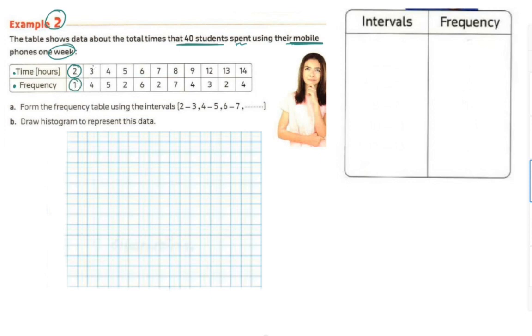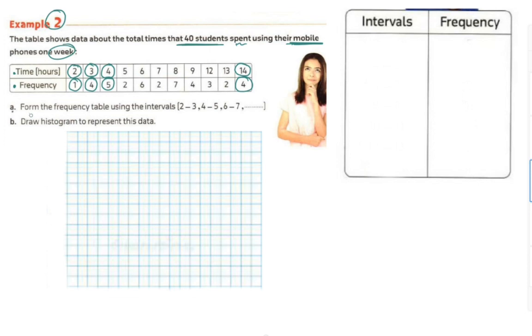But 3 hours, how many students? 4 students. 4 hours, how many students? 5 students use their mobile 4 hours per week. And so on until 14 hours. Some students use their mobile phone 14 hours per week. How many students? 4 students. Okay, what's the question?